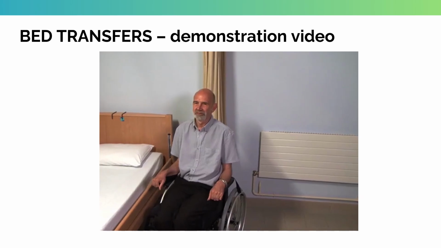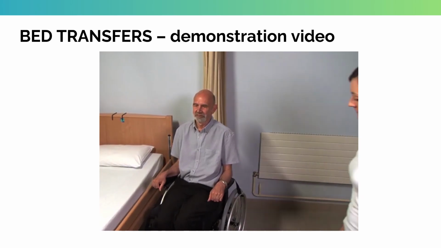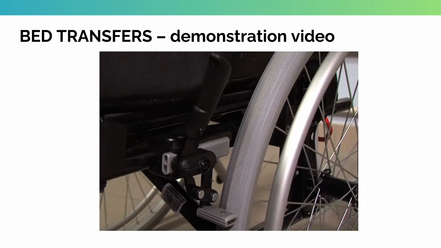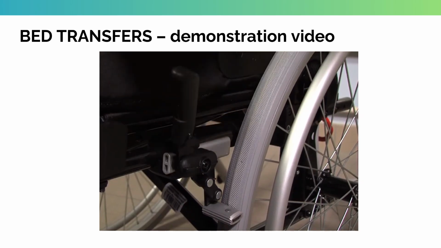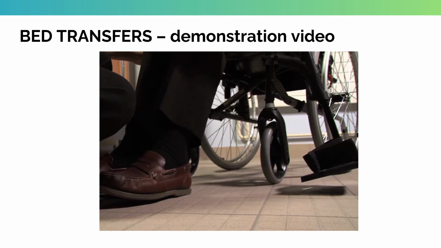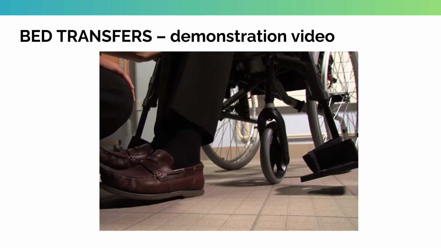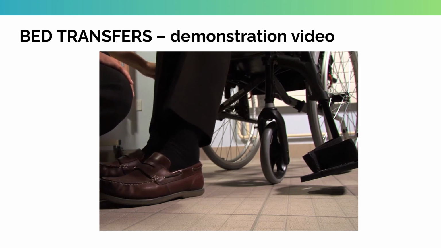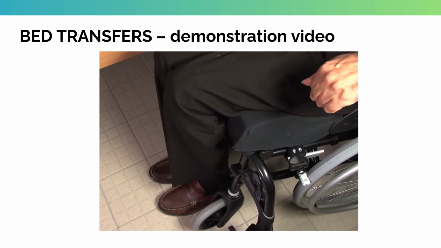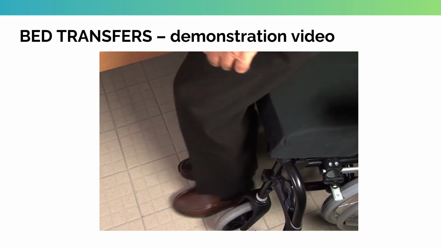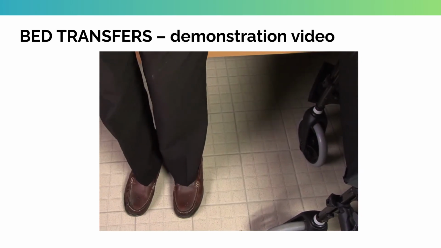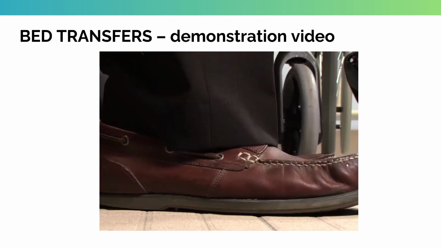During a stand pivot transfer, the wheelchair is placed at a slight angle to the transfer surface. The brakes are applied and the footplates are removed. The wheelchair user stands up as outlined previously. Once in standing, the wheelchair user takes small steps and pivots until their knees are touching the back of the bed.